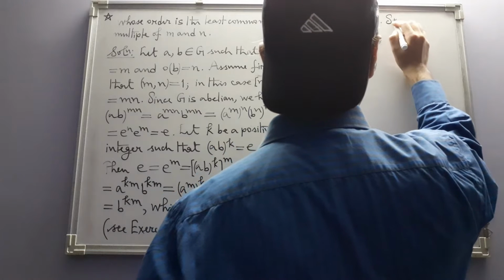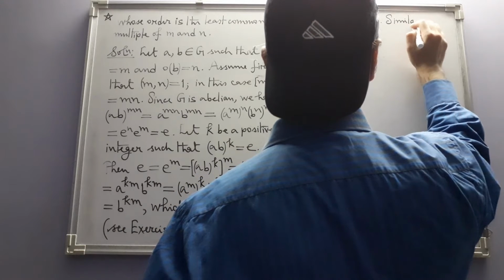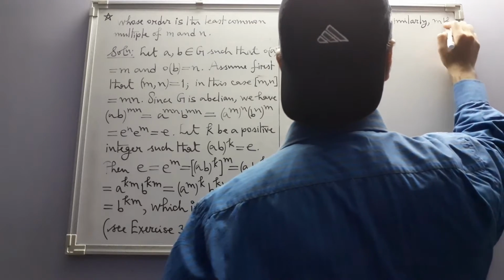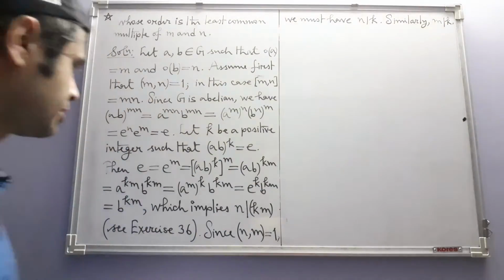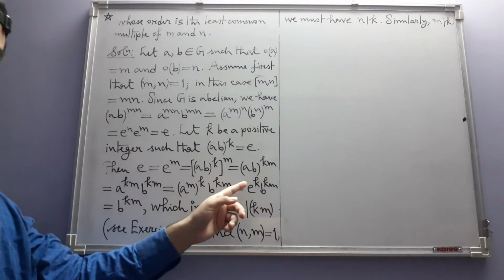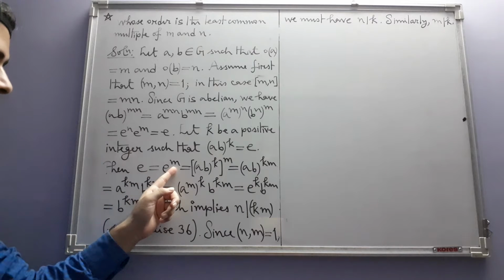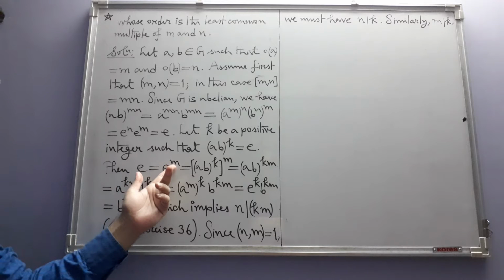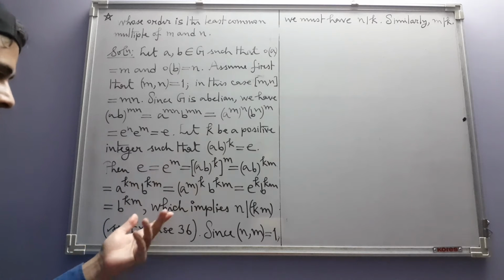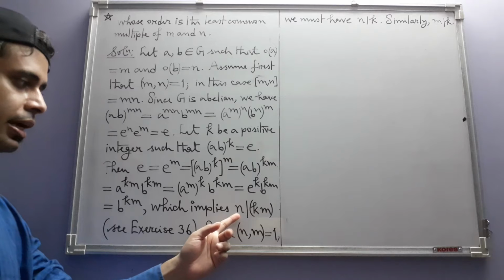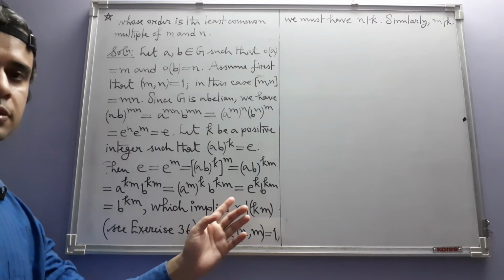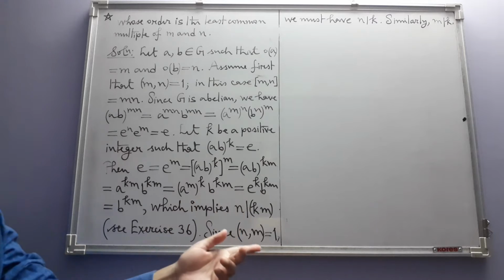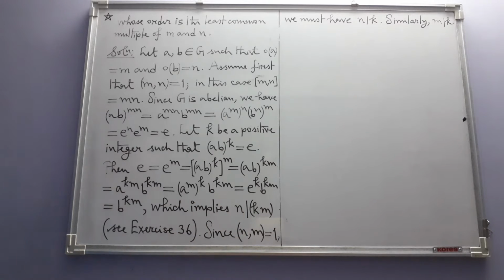Similarly, m divides k, because the calculation we have carried out here starting from m could also have been carried out starting from n. That would give us a divisibility like this: m divides nk, from where we will conclude that m divides k.